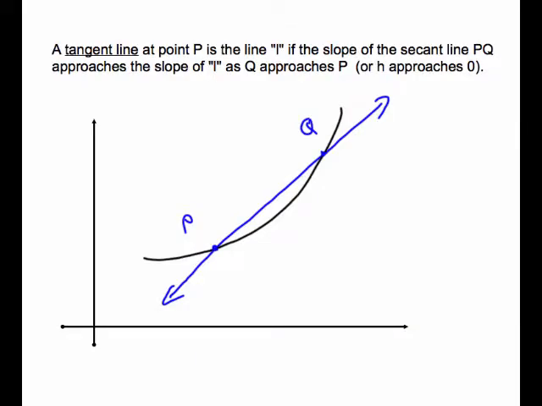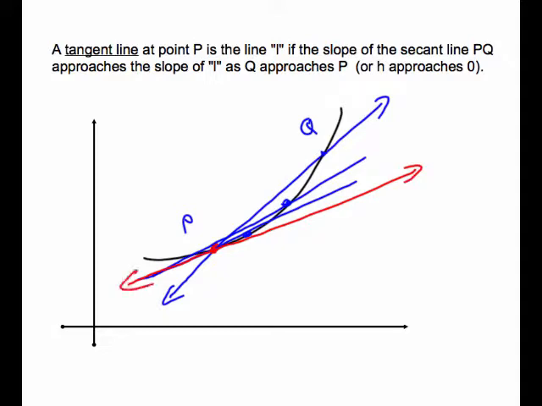Alright, so back on our main diagram, here's our definition of a tangent line. A tangent line at point P is the line L if the slope of secant PQ approaches line L as Q approaches P. So as Q gets closer and closer to P, I have a new secant line, Q's moving closer, I have a new secant line, and as Q gets really close to P, I eventually get this line, L, which is the tangent line.